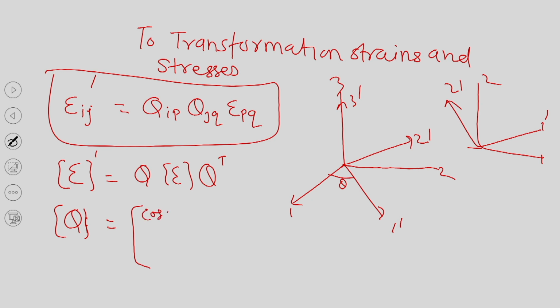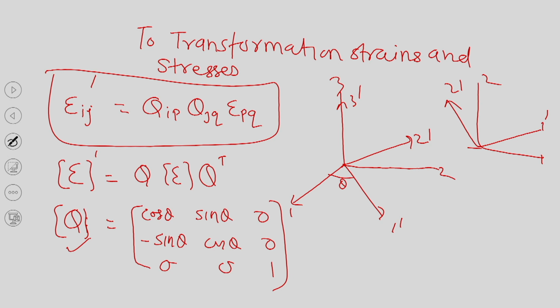So, we can say cos theta, sin theta, 0, then minus sin theta, cos theta, 0, 0, 0 and 1. If you take the transformation and put it here, cos square, sin square and some sin cos terms will be there.